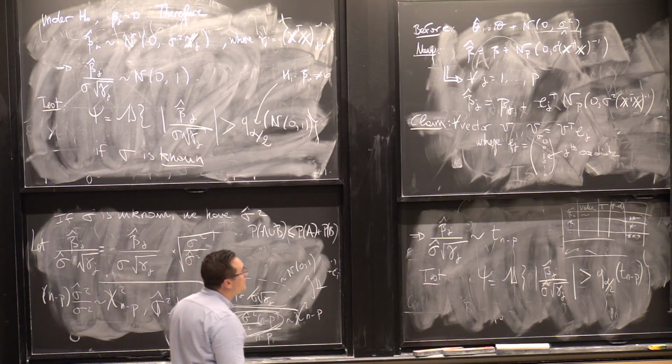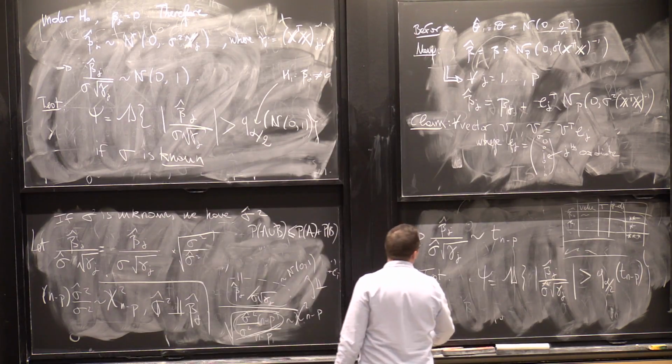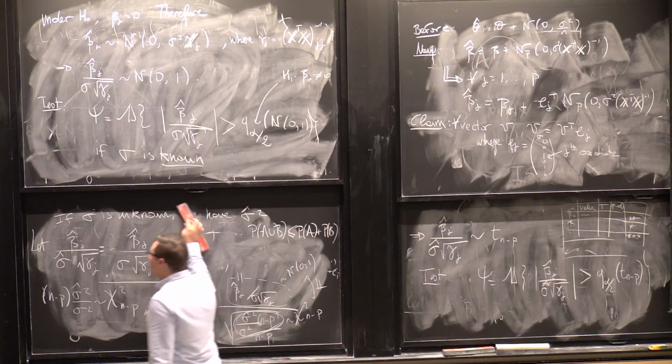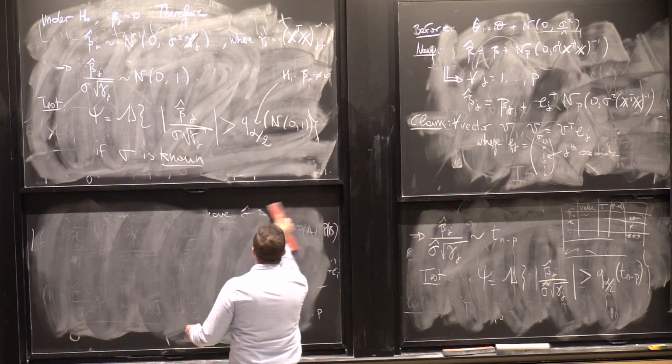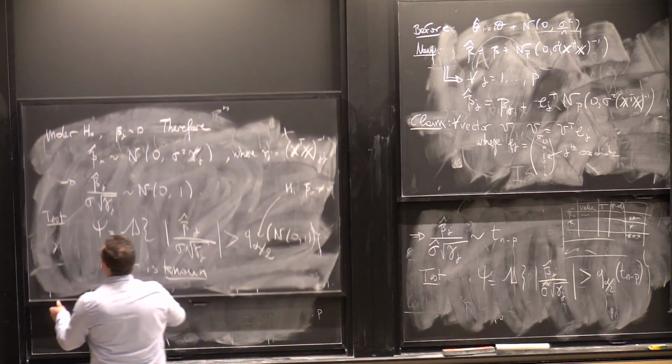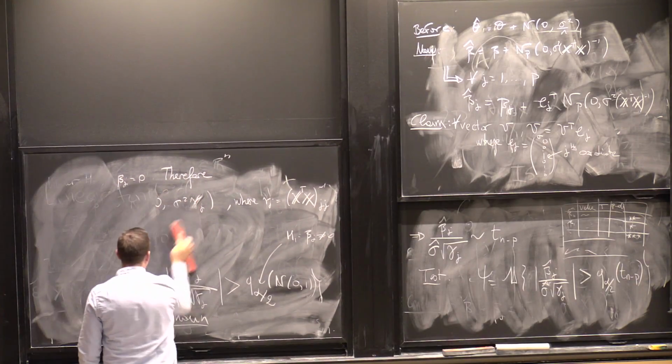OK, so let's see how we would want to perform the Bonferroni correction to control the probability that they're all equal to 0 at the same time.